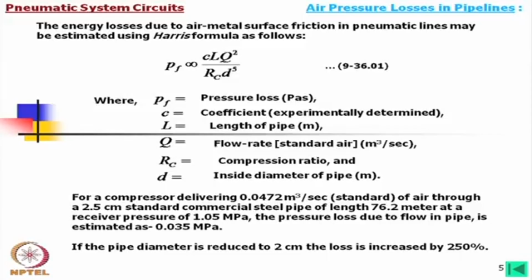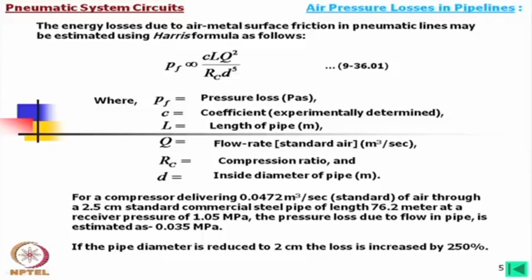Now, I have not calculated, but possibly if we increase the diameter by 0.5 millimeter, it will not be very efficient. Then we will find this loss is reduced, but maybe only by 20%.